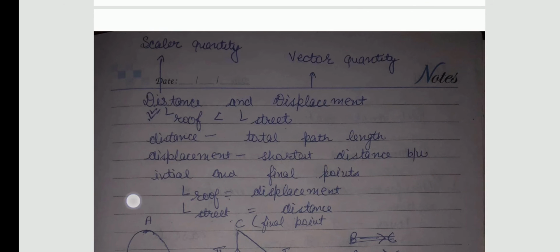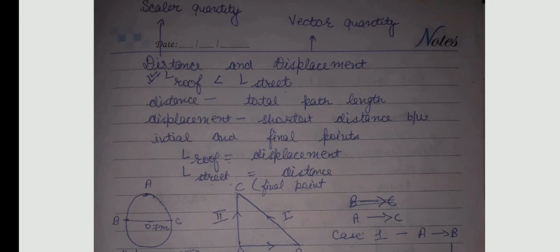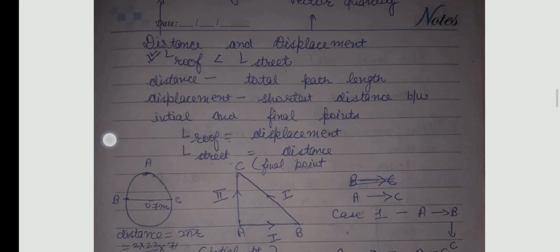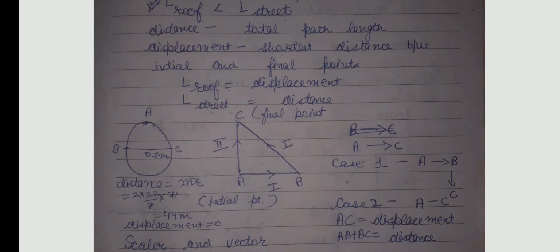Now I will explain scalar and vector quantity. This is the same thing which I have explained earlier, distance and displacement. You can read this and you will get to know what I have written here. But there is another example which I want to explain about distance and displacement.